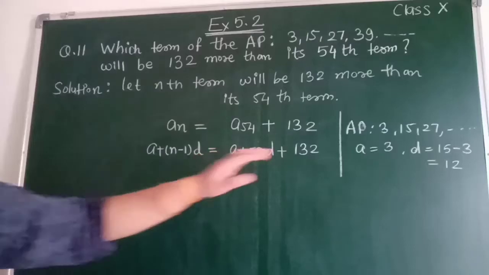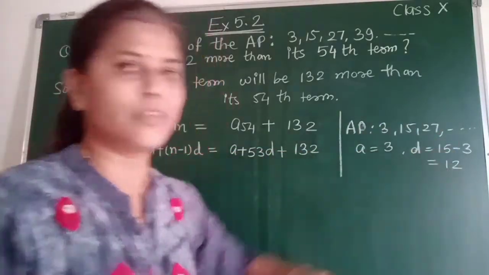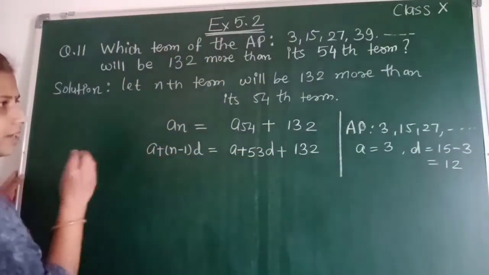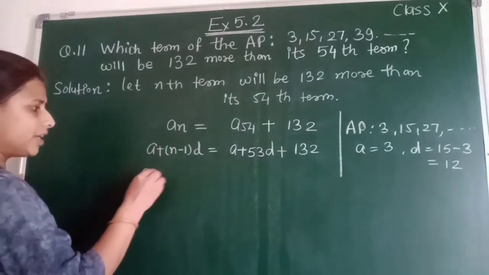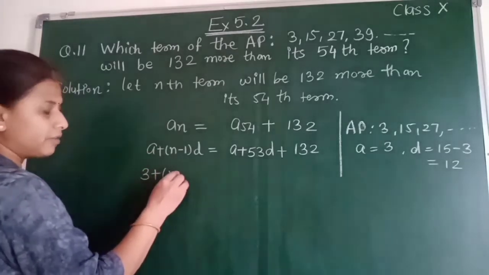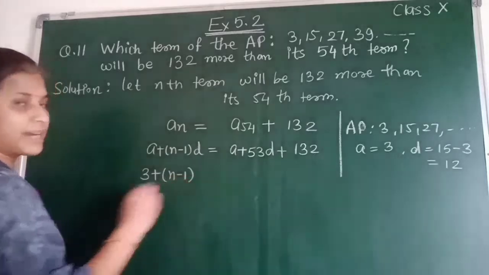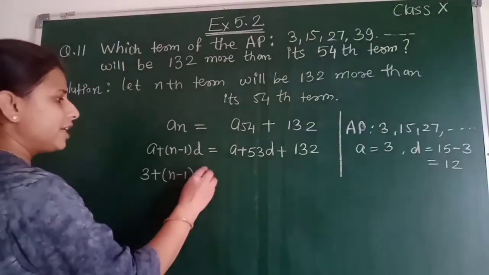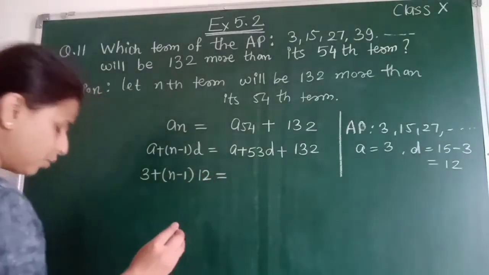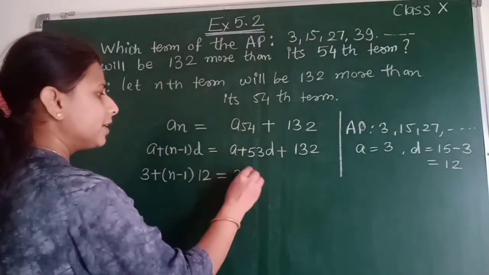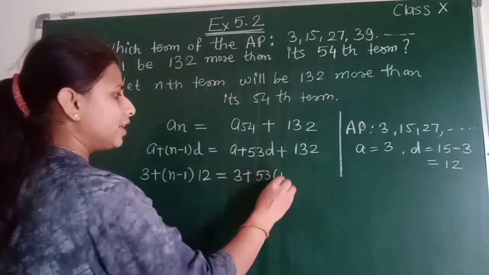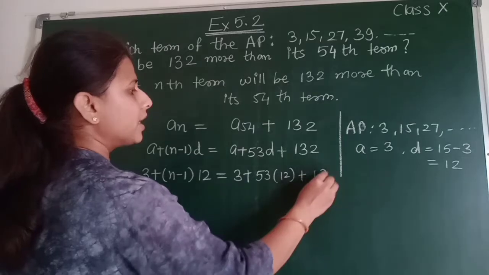Okay student, here the value of a is 3 and the value of d is 12. So let's substitute the values. a equals 3 plus n minus 1 as it is, the value of d is 12, equals a equals 3 plus 53 into 12 plus 132.